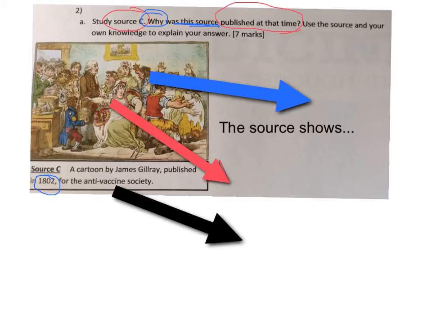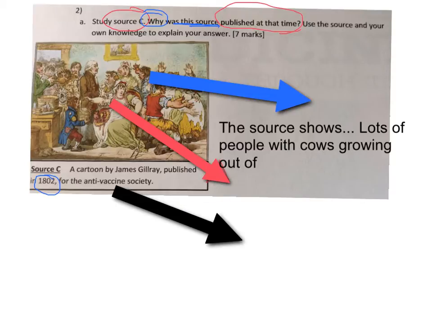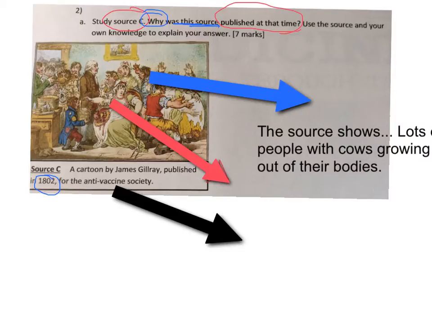So it could be the source shows lots of people with cows growing out of their bodies. So we've used a little bit of the source there. We said that the source shows lots of people with cows growing out of their bodies.